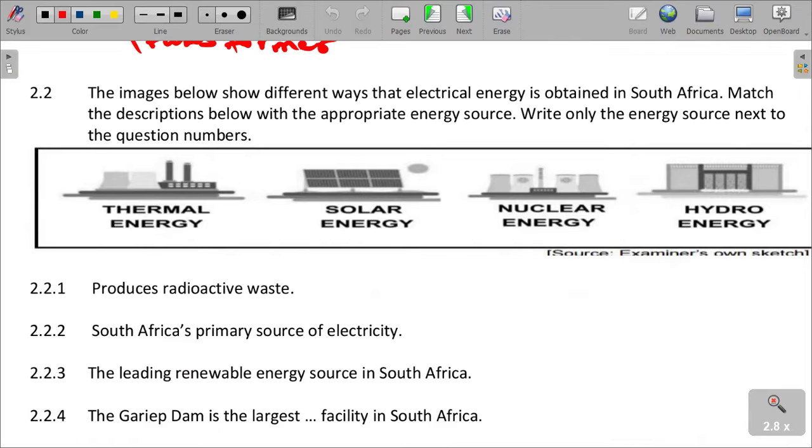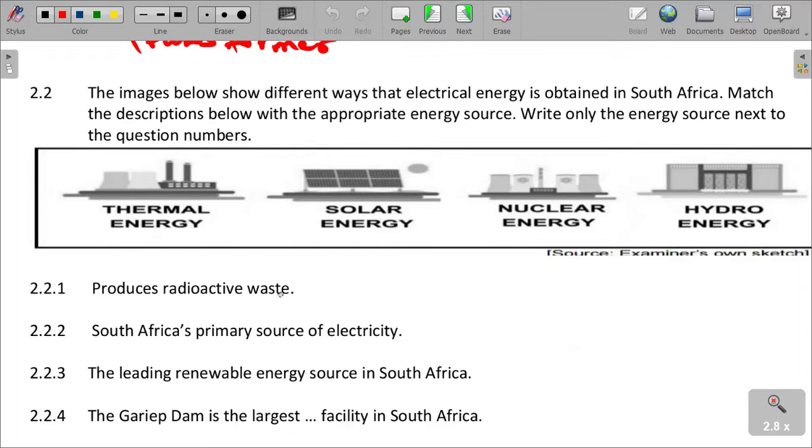And then the image below shows different ways that electrical energy is obtained in South Africa. Match the descriptions with the appropriate energy sources, writing only the energy source next to the question numbers. So we are given these various energy sources. 2.2.1 produces radioactive waste.